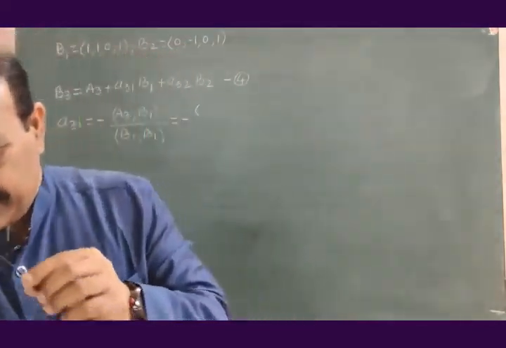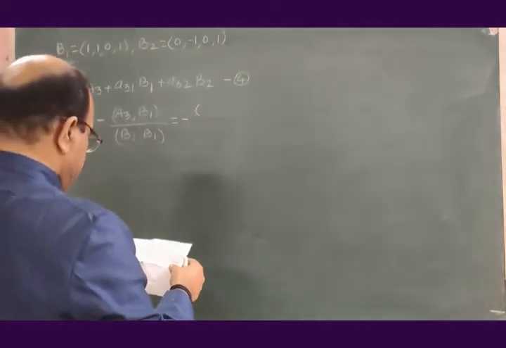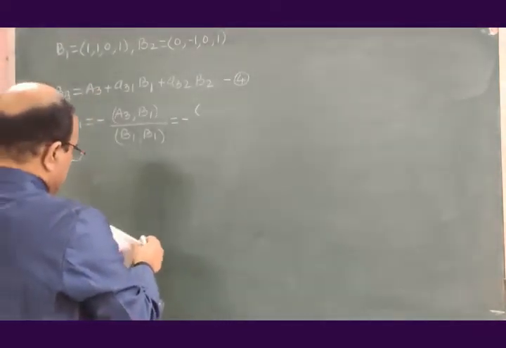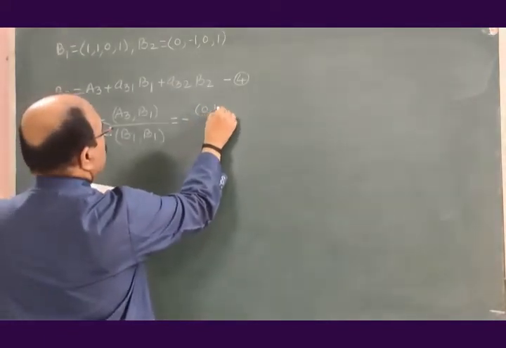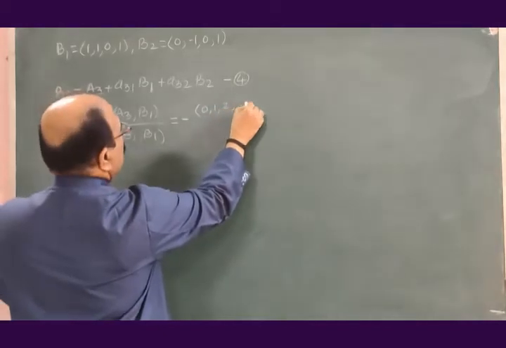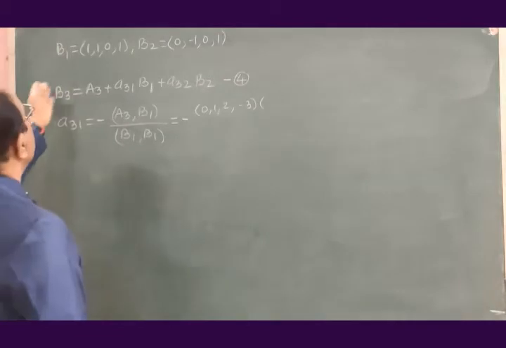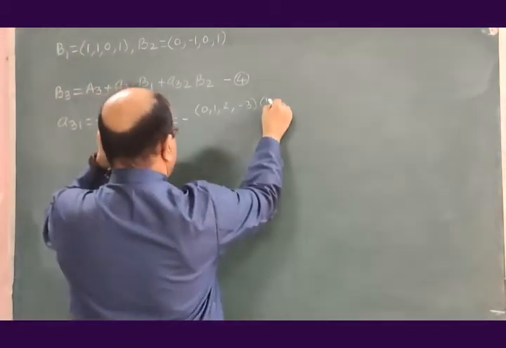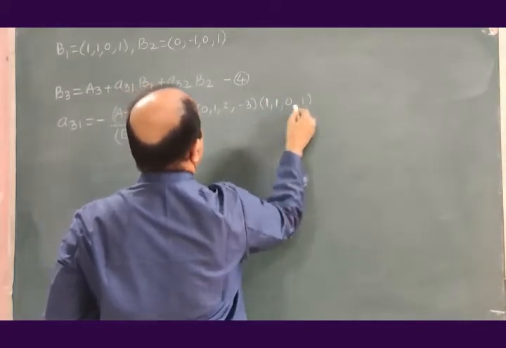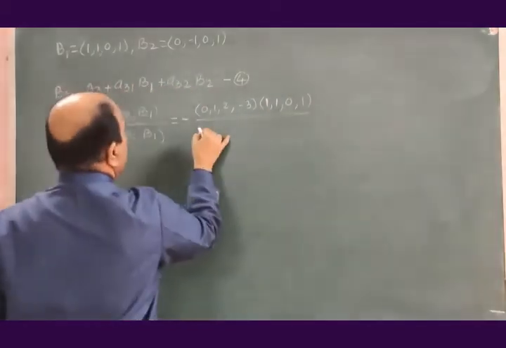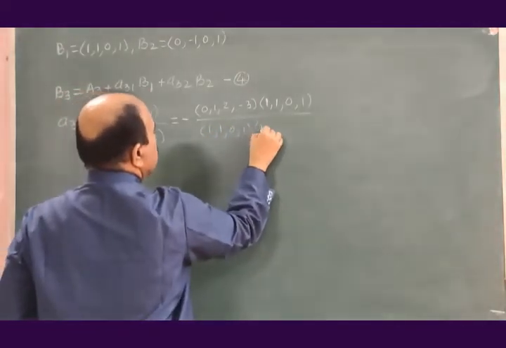A3 is here, (0, 1, 2, -3) into B1. B1 is this (1, 1, 0, 1), divided by (1, 1, 0, 1) into the same thing.